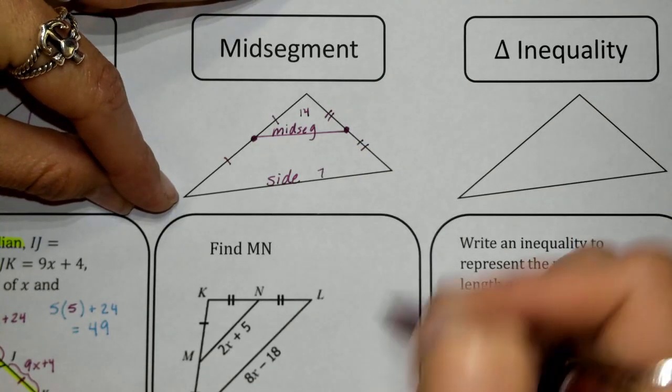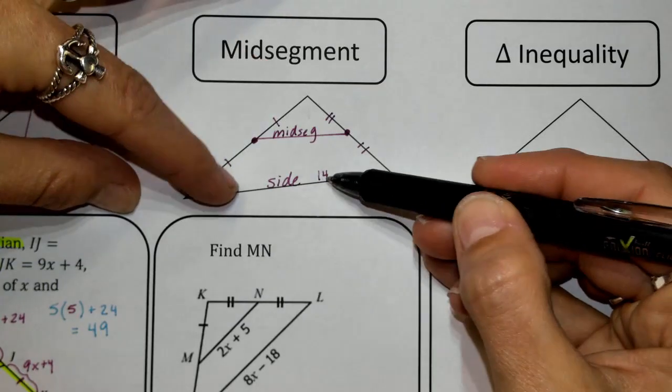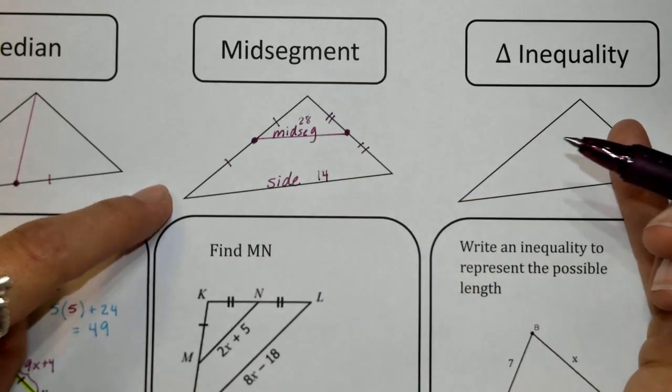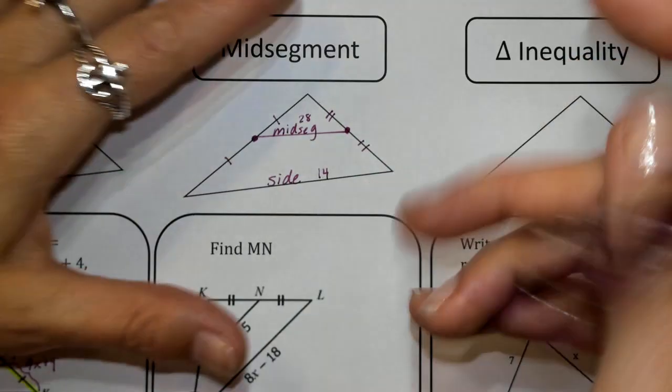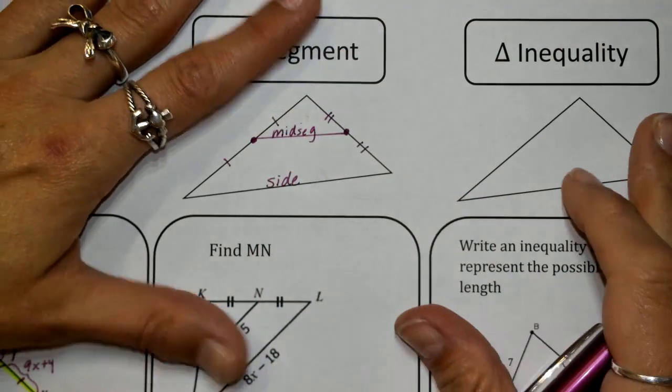No, because that side is clearly bigger. And say the mid-segment is 28. No, that is physically impossible. So if they give you a number on one of them, write it in. They give you the mid-segment, write in the side length. Write those in so you can see, wait, does that make any sense?